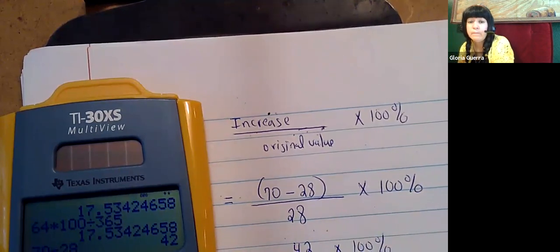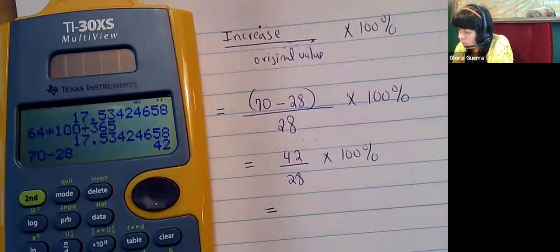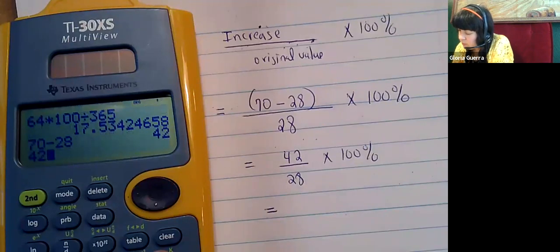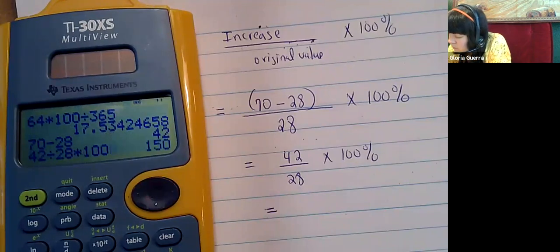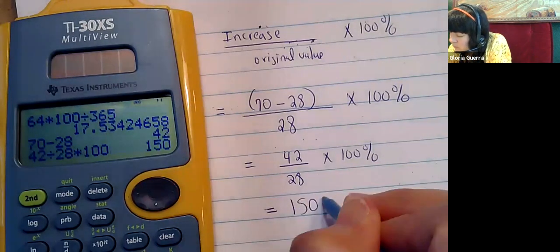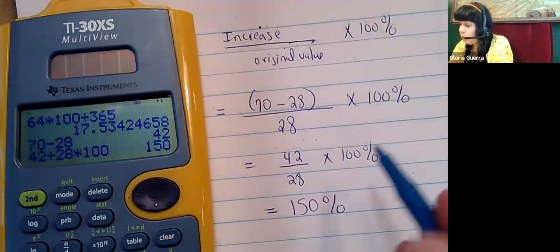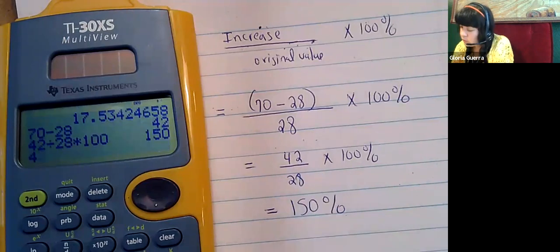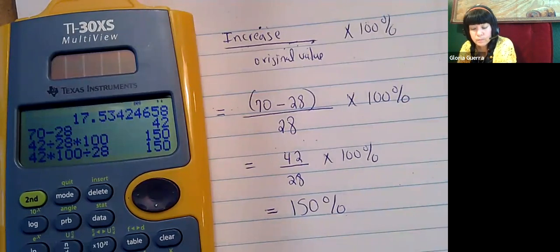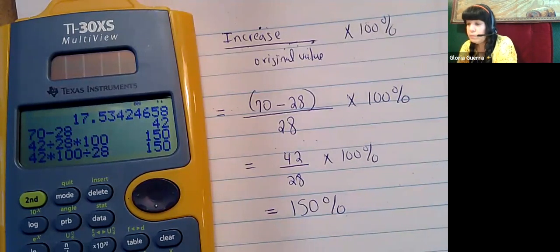Okay, so 42 divided by 28 times 100% is 150%. If you wanted to go across, that would also work. If you wanted to do 42 times 100 and then divided by 28, that would also be okay. You would get 150 as well.